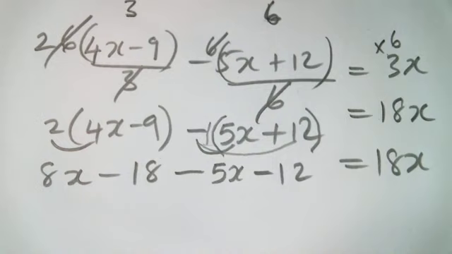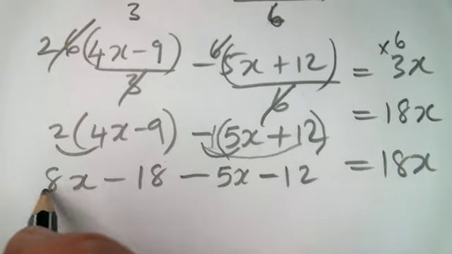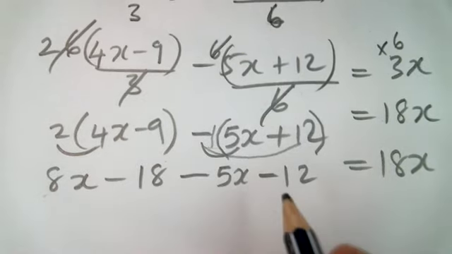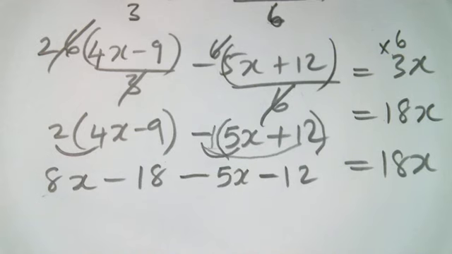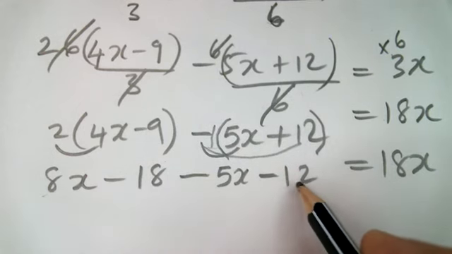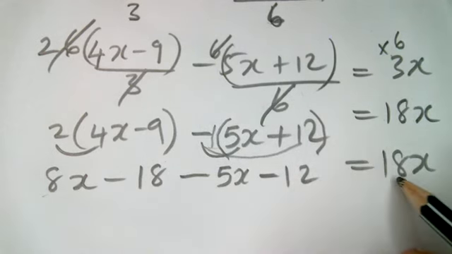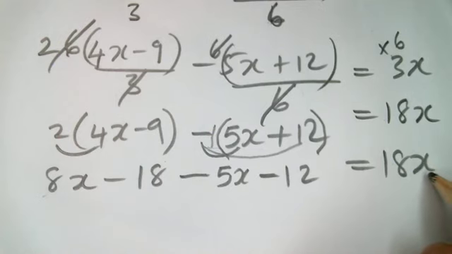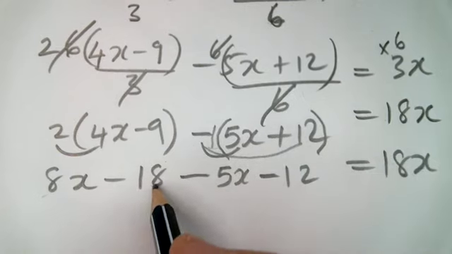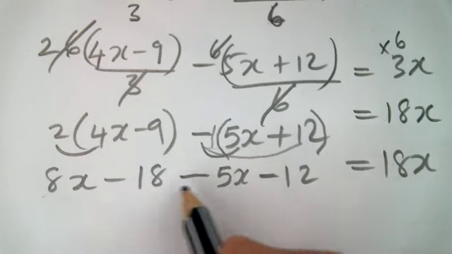Now, we're going to collect like terms. So I've got an 8x, and I've got a minus 5x. I've got a negative 18 and a negative 12, and I've got an 18x on the other side. So first things first, let's get all the knowns to the same side. I'm going to take the negative 18 and the negative 12 all together.